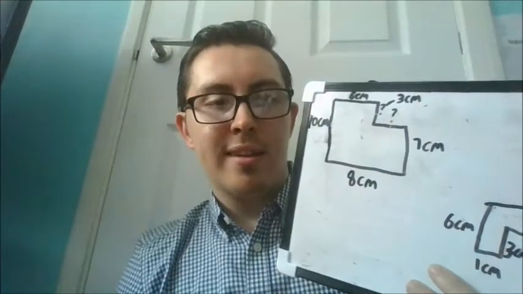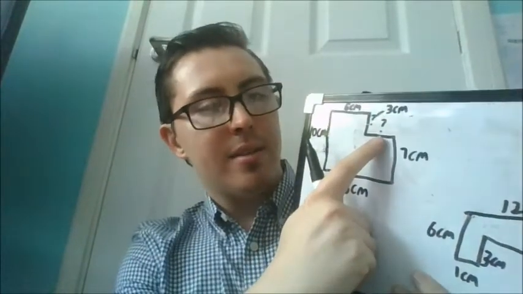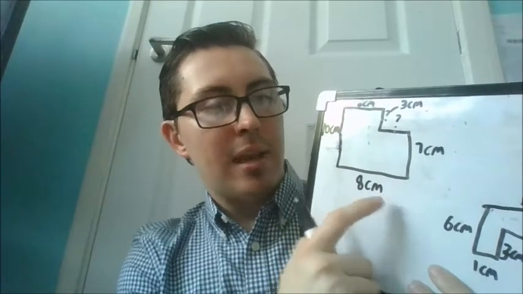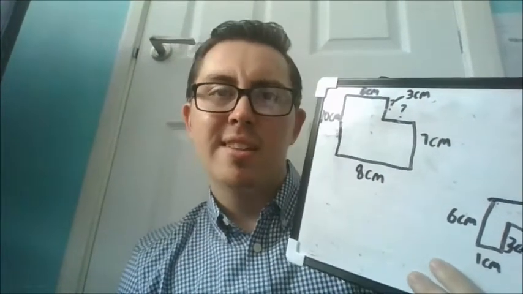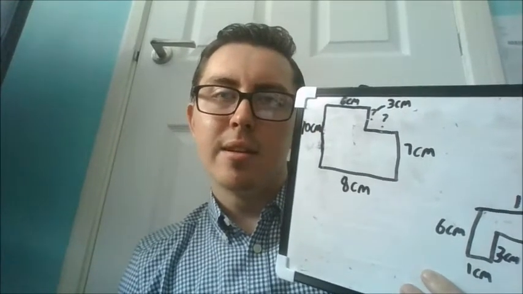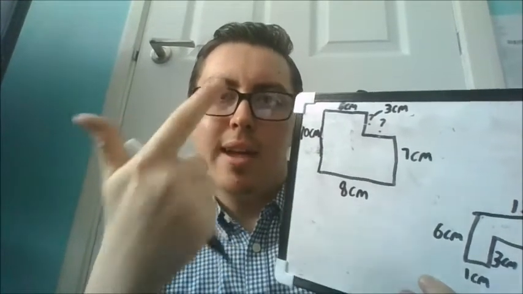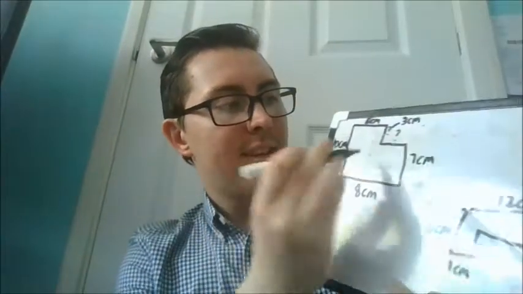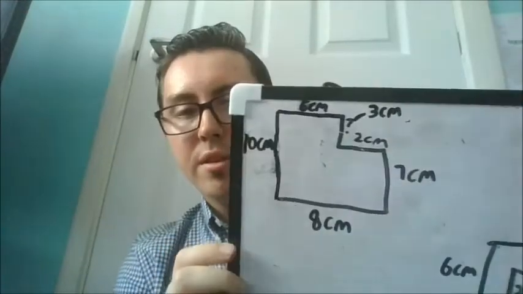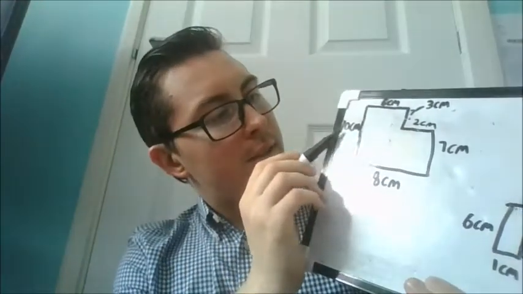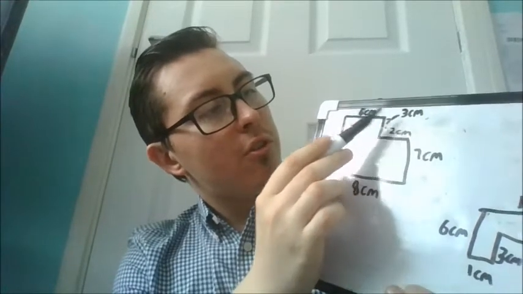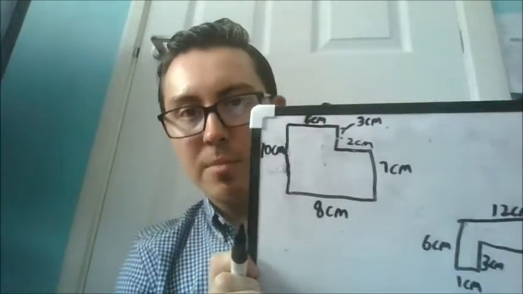But here we have 6, and we have a gap. So 6 plus something equals 8. What do you add to 6 to make 8? 6, 7, 8. 2 centimeters. So this question mark is 2 centimeters. So that's our answer for that one: 10, 7, 8, 2, 3, and 6. We found our missing measurements.